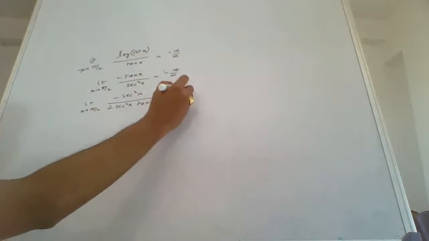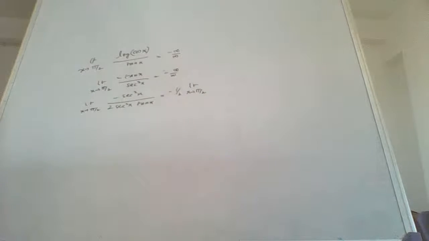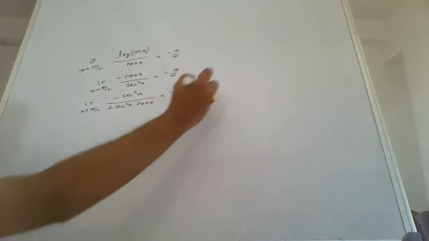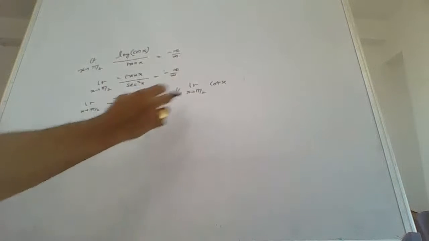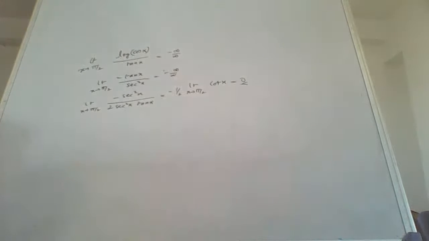So on the whole, when you cancel this out, I'll be left with only minus half, limit x tends to pi by 2, of cot x. Now this is again 0, so I get 0 as the result.